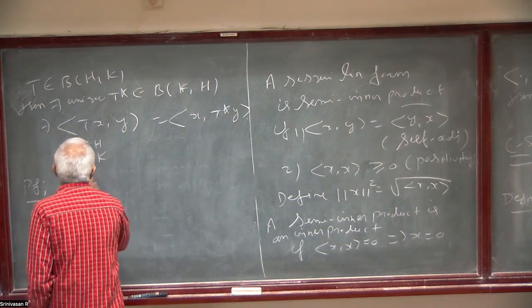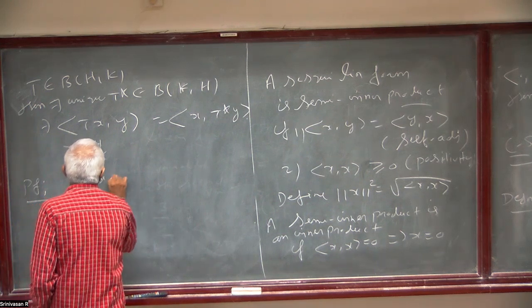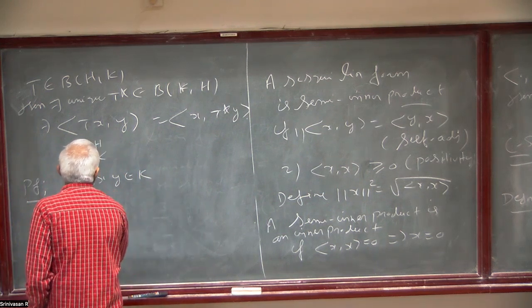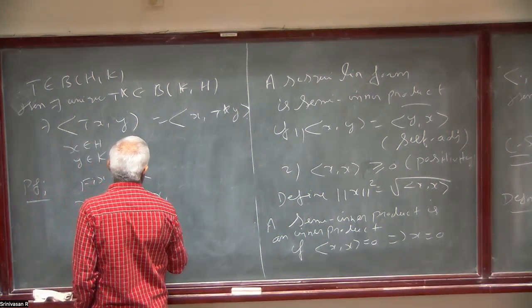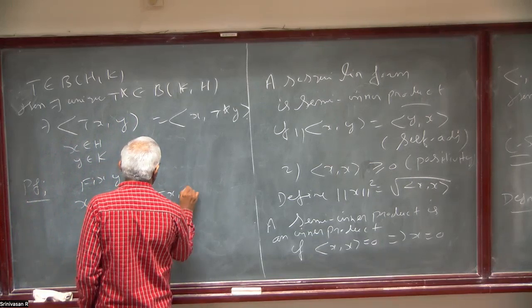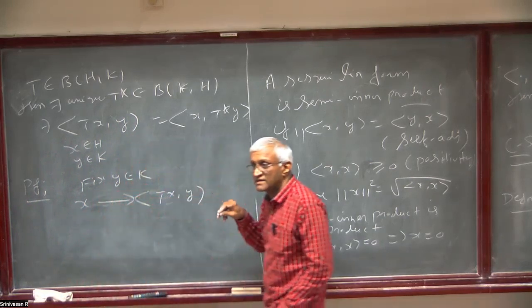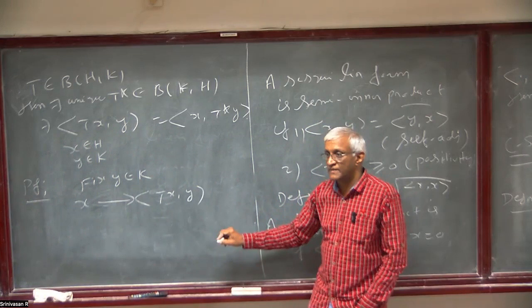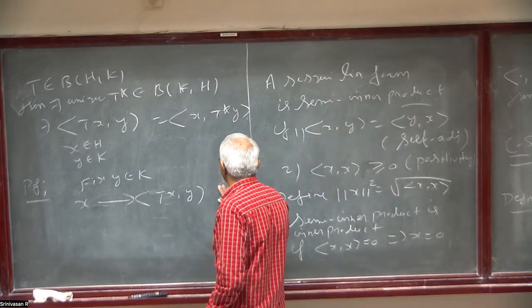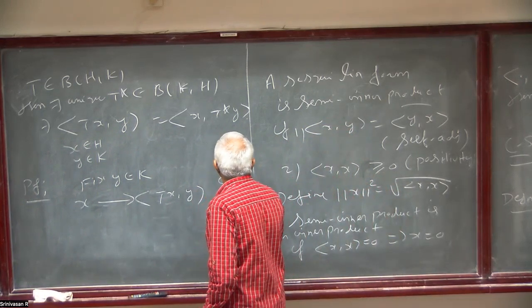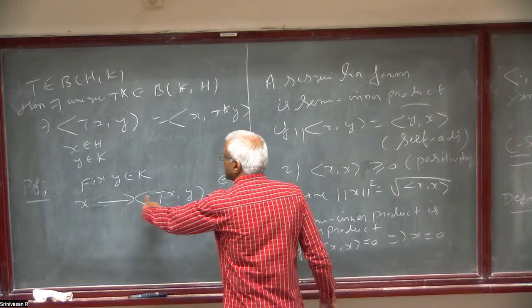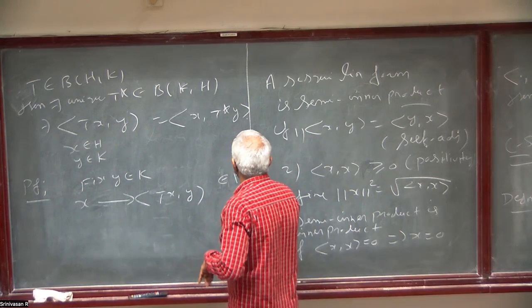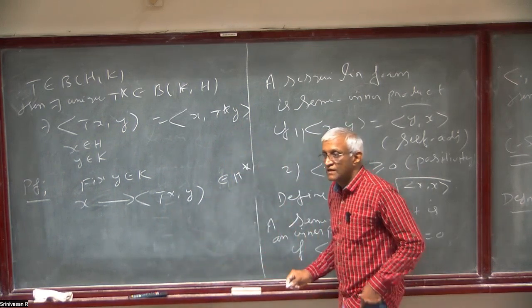You consider this fixed y. Then consider this map x going to the inner product of Tx and y. T is linear, the inner product is linear, so this map is linear and bounded.